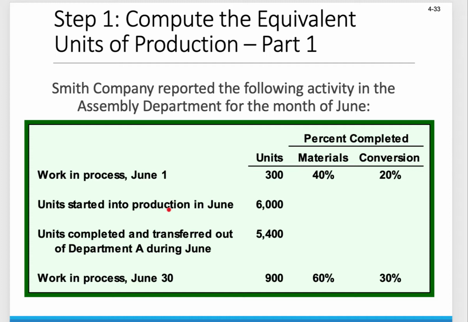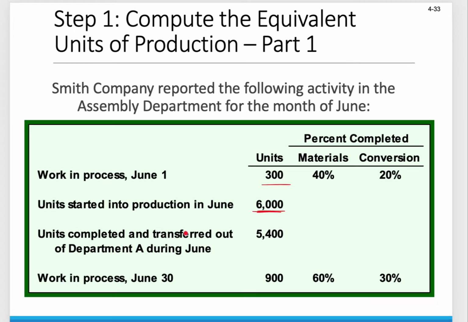So what we have here are the units that were in WIP. We have 300 units in WIP in the beginning. That's our beginning balance of inventory. We started into production in June, 6,000 units.